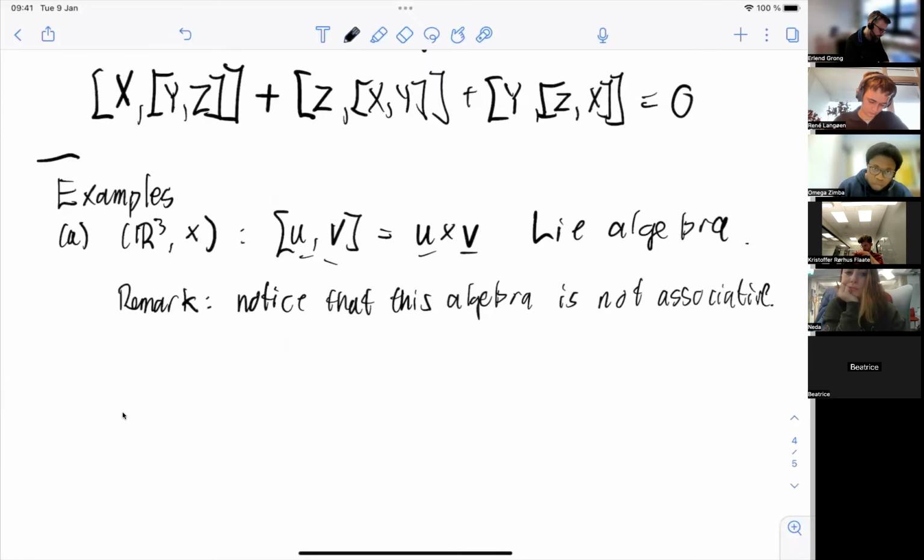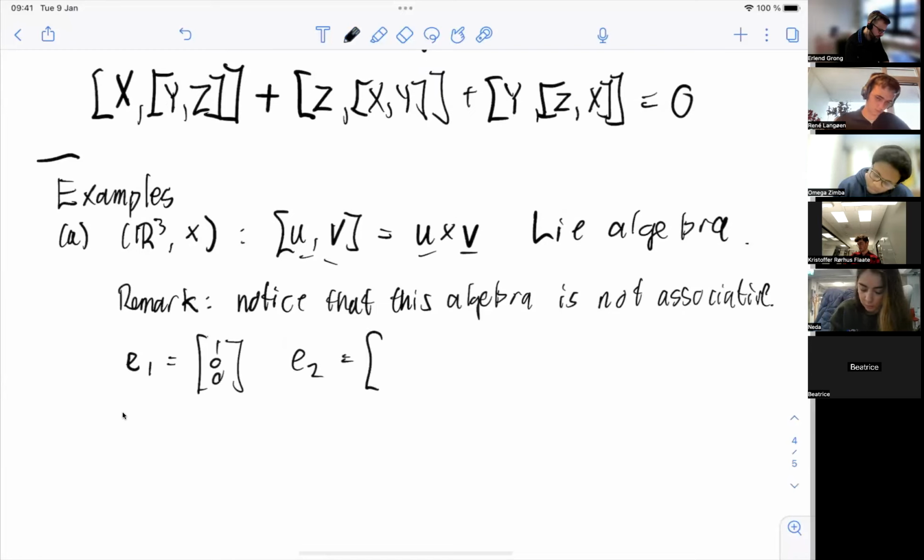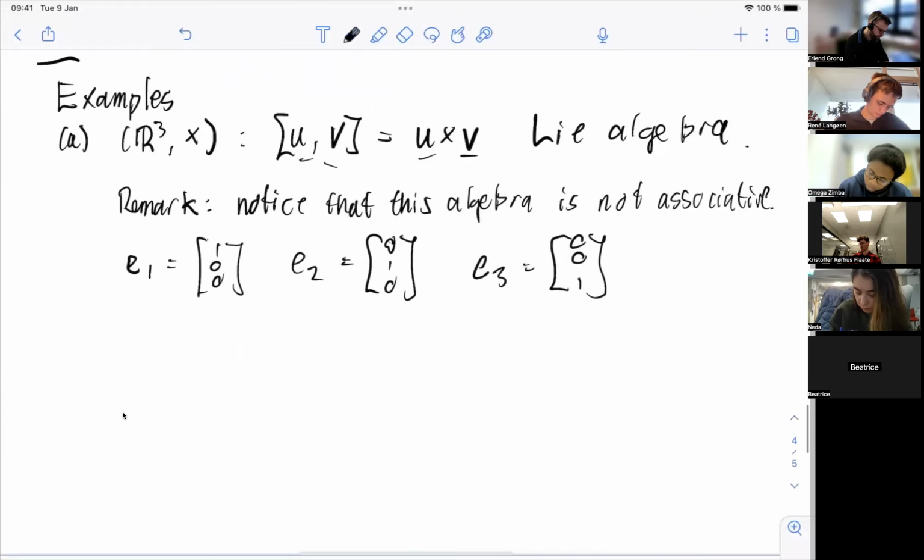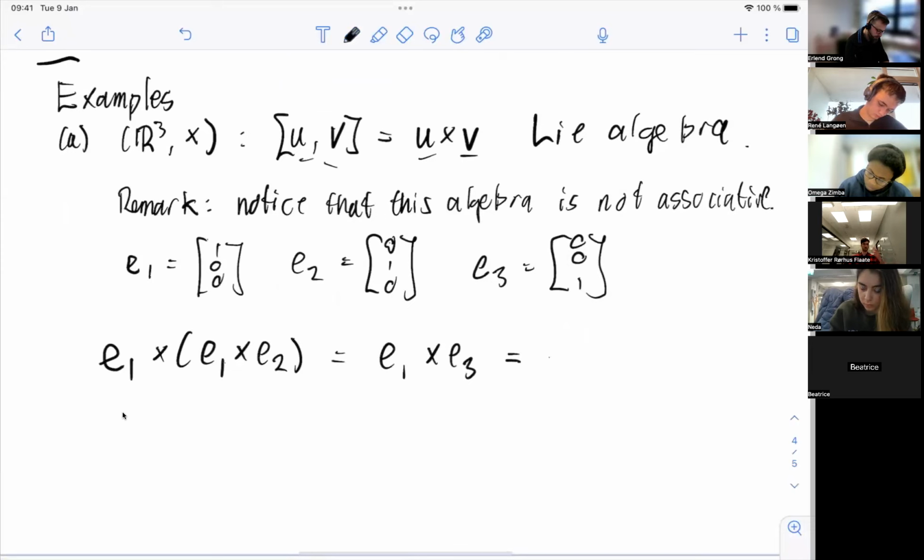If we take e1 to be (1, 0, 0), e2 to be (0, 1, 0), and e3 to be (0, 0, 1), then if I take (e1 cross e1) cross e2, I get 0, whereas e1 cross (e1 cross e2), that is e1 cross e3, is minus e2.